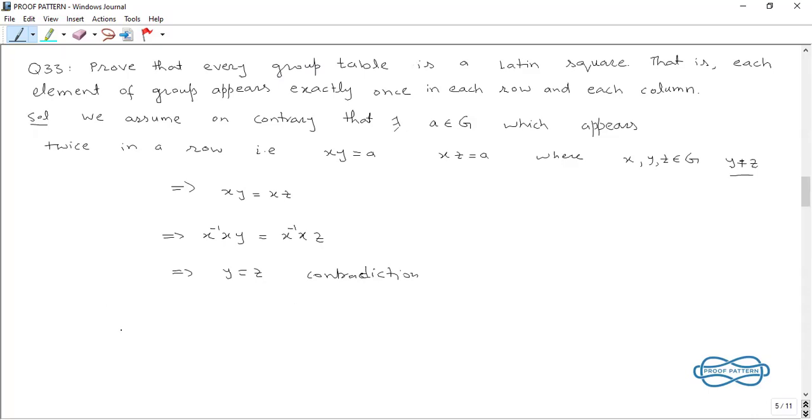So this contradiction happens because we assumed that A appears twice. Hence, every group table is a Latin square.